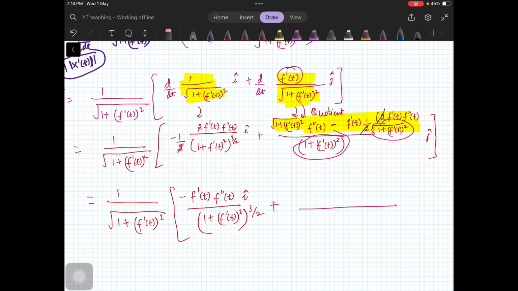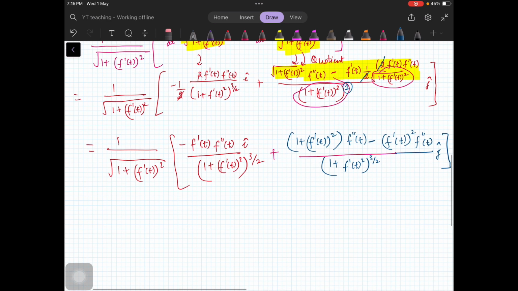So, if we do this, I will get 1 plus f prime t square raised to power 3 by 2, because power 1 here and half here will be added, and then you have 1 plus f prime t square times f double prime t minus f prime t square f double prime t, j component. Okay. Now, here you can very clearly see that when you multiply, this and this are the same with opposite signs. So, they will be cancelled.